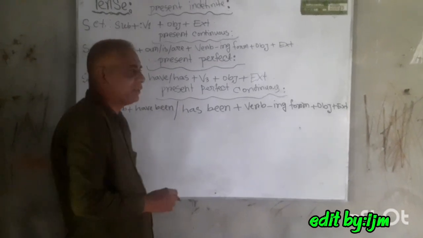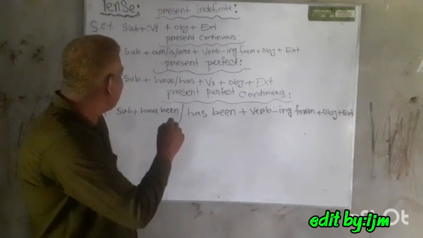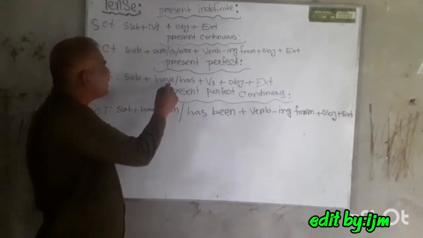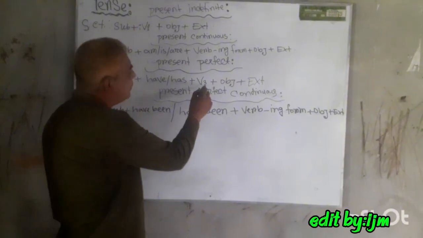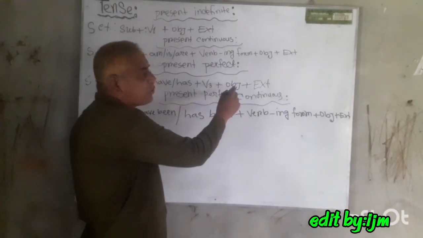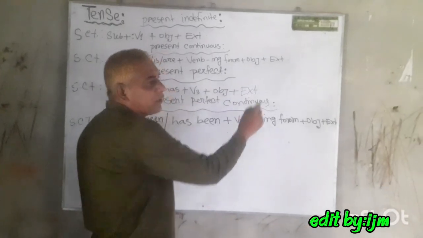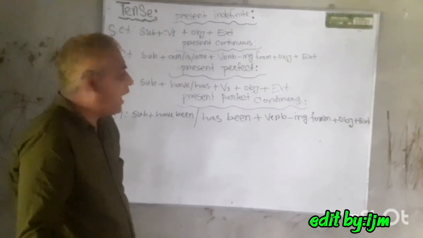And we learn the structure: subject plus have or has, that means auxiliary verb, and verb 3, that means past participle form, object, that means কর্ম, plus extension, বাক্যাংশ. So every student learns it.